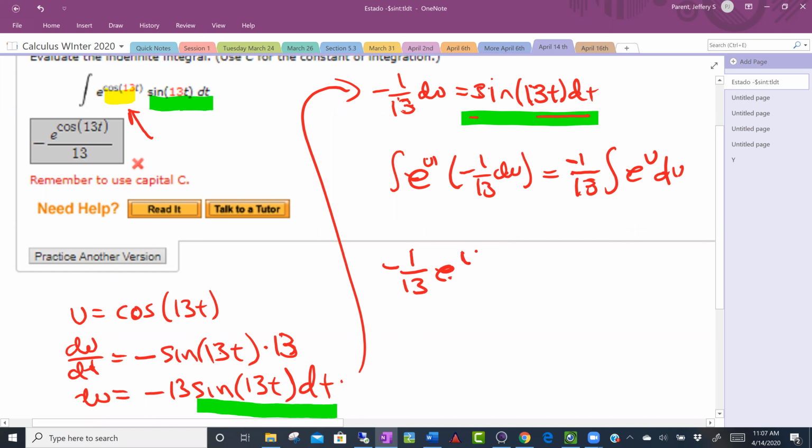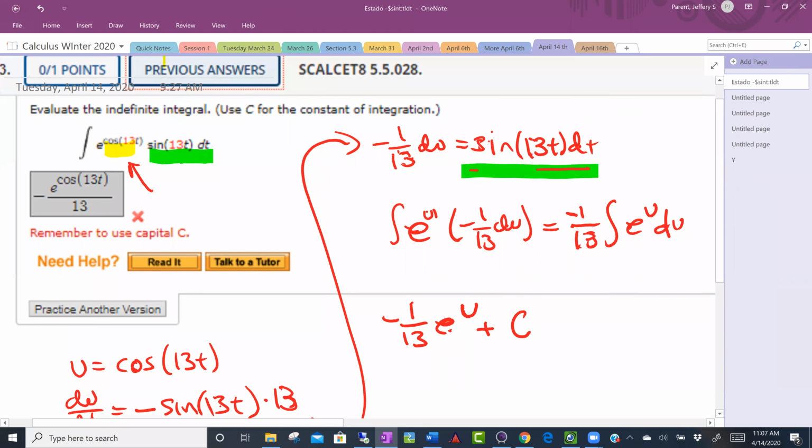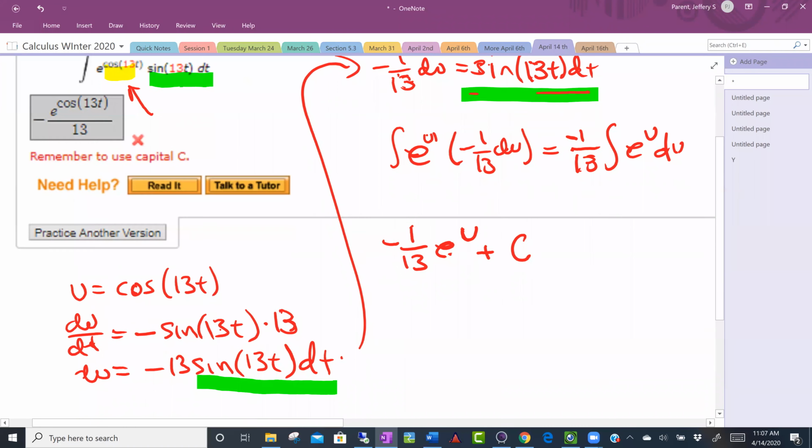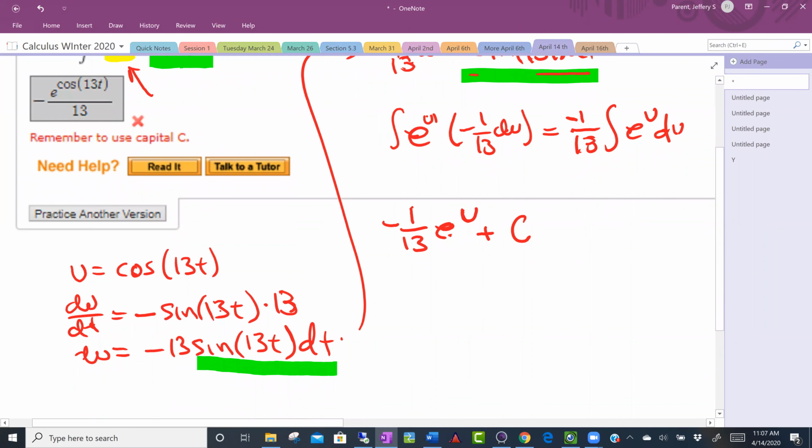This is actually an important part, and I think that's why the person asking this question got this one wrong. It's negative e to the u plus a constant. And they asked that your constant be a capital C. So if you're getting something wrong, it could be that constant.